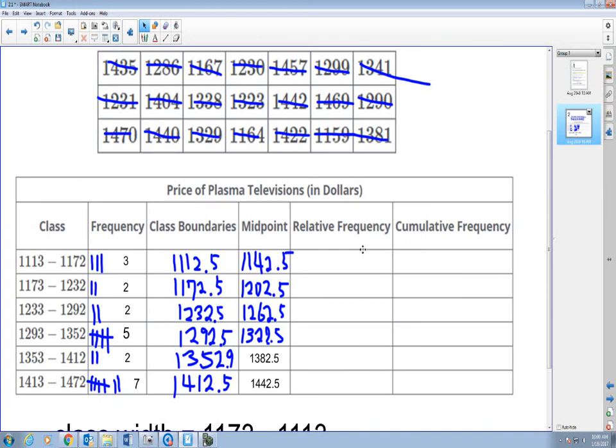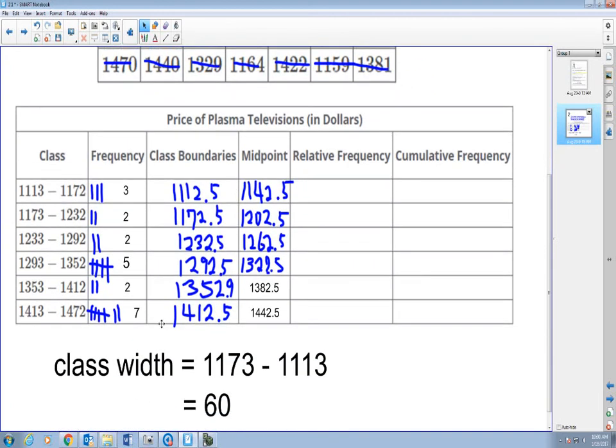So your relative frequency, you can do it as a fraction, or you can do it as a decimal. Okay, so 3 out of 7. Let me type it. Trying to make it nice looking here.